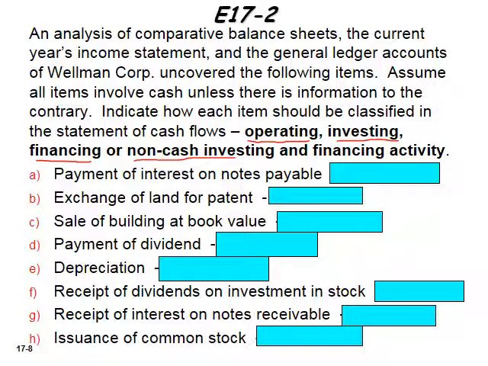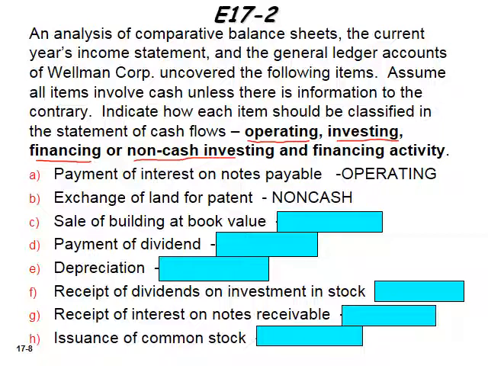So all the interest payments and interest received are operating activities. The exchange of land for a patent, so there is no cash activity happening here, so this would be a non-cash investing and financing activity. And in this case, it's just a non-cash investing. It's an exchange of one asset for another asset.